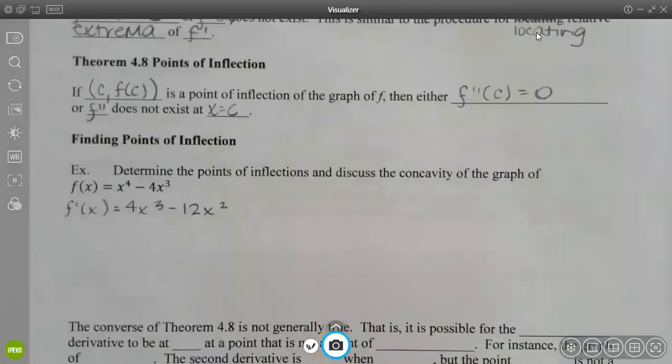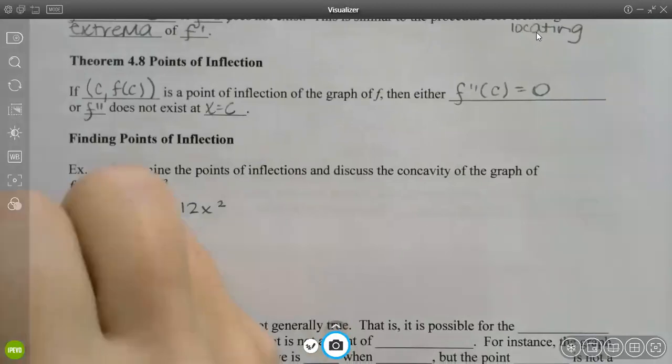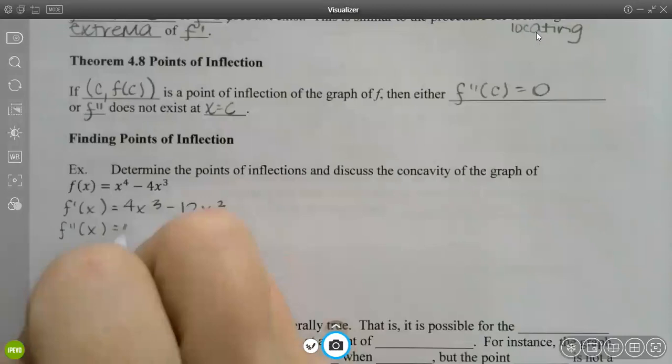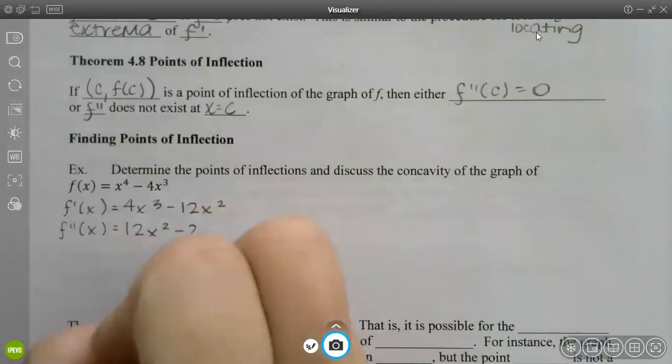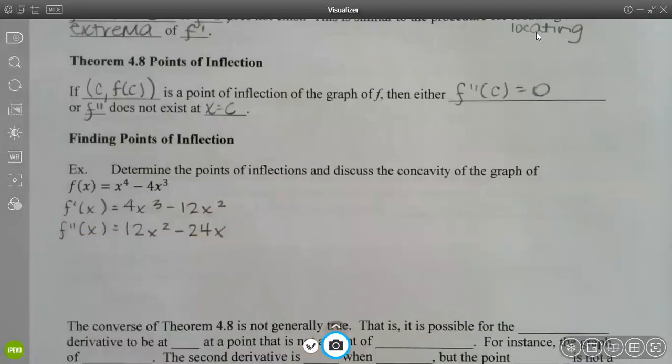So that one was really easy, right? F double prime is 12x squared minus 24x. Perfect. To find our concavity and the points of inflection, what do I need to do? Set it equal to 0.